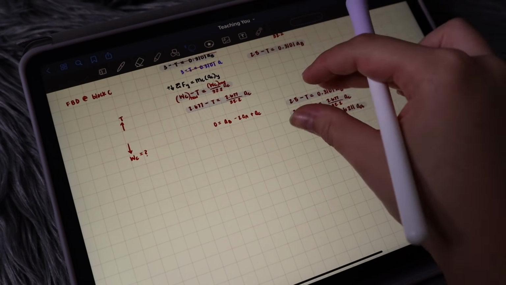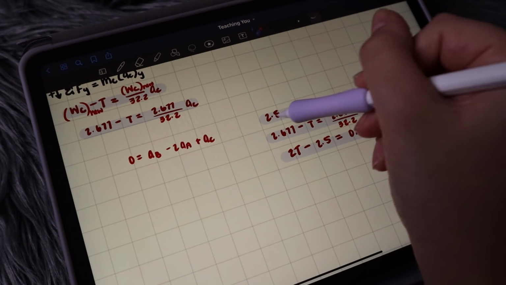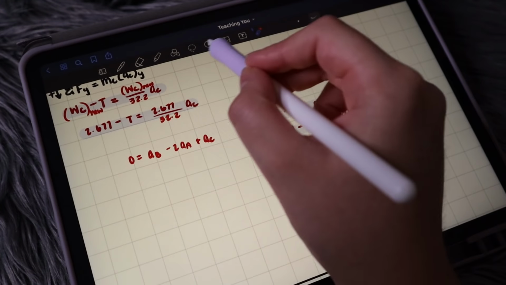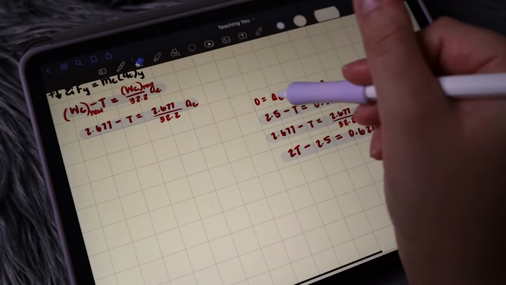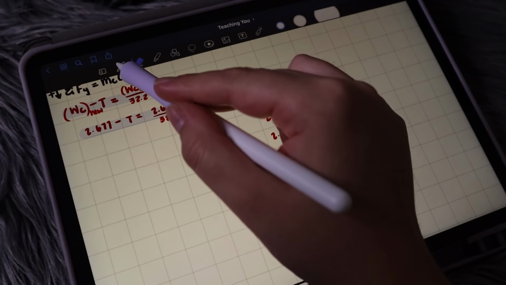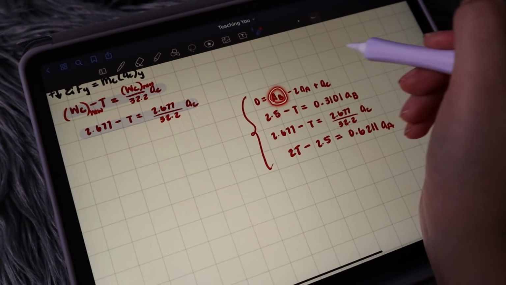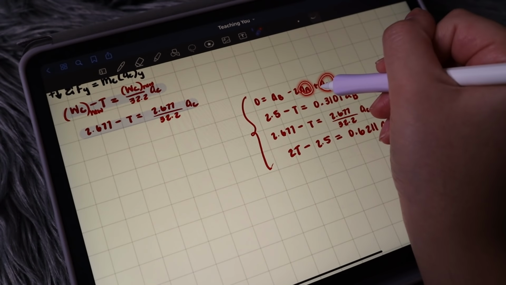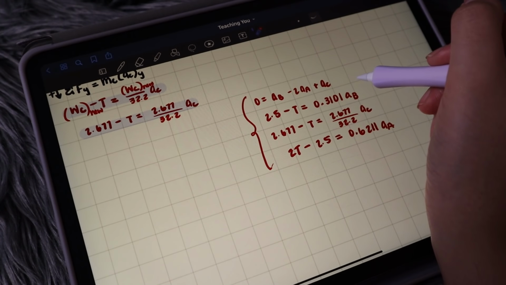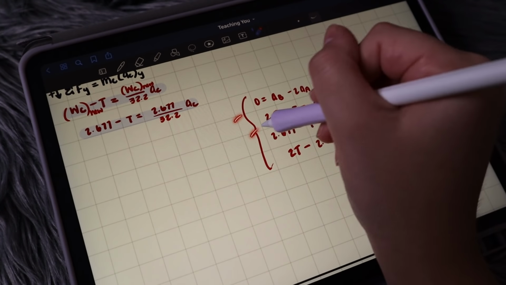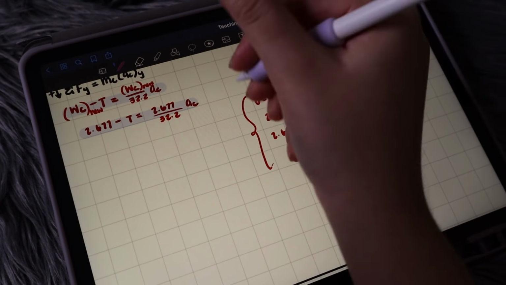So, let's see, so far we have 4 equations, right? So we'll just get rid of the highlighter. So we have 1, 2, 3, 4, 4 unknowns, and then we have 4 equations. So we can definitely solve.